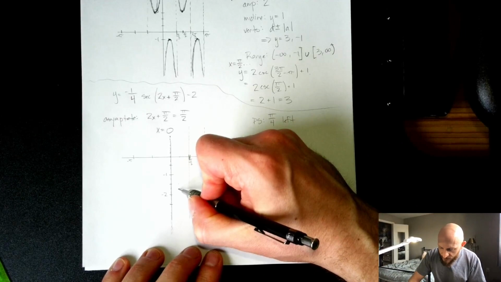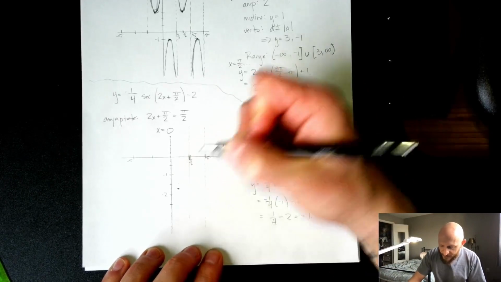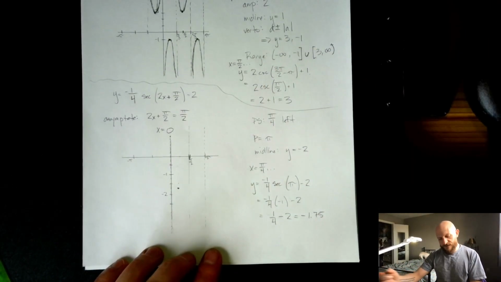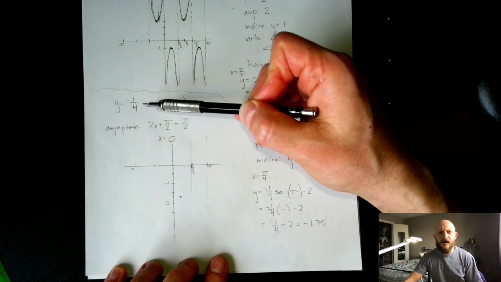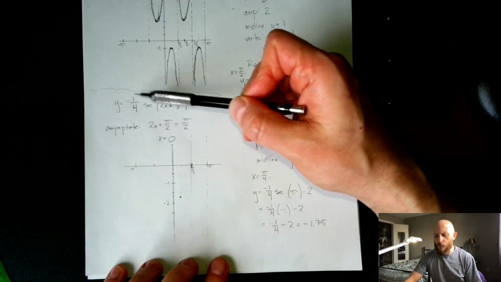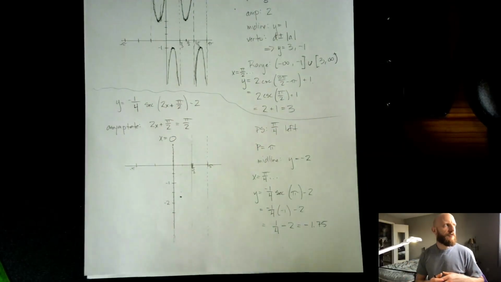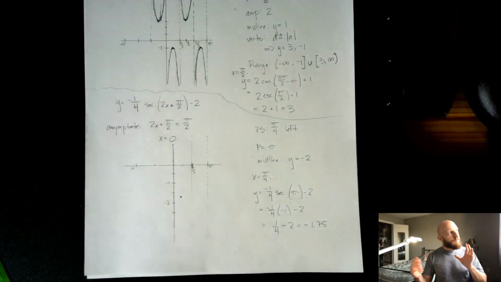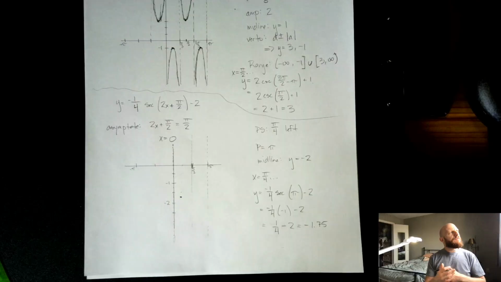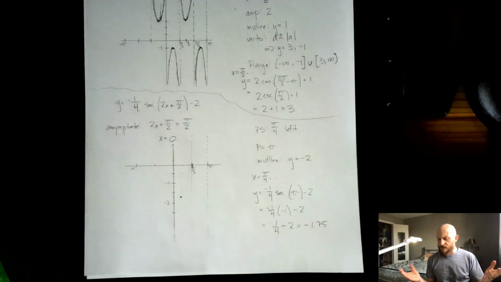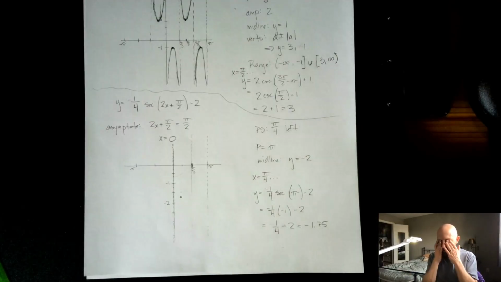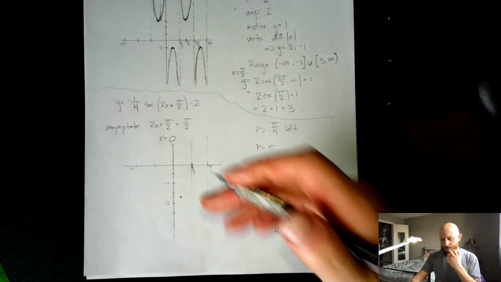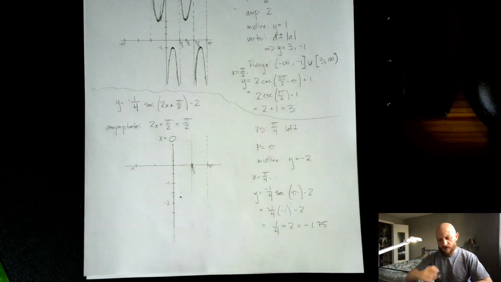So right here. This is above the midline, so it's going to be an upward facing U. The very last thing that I would do is, because a is equal to 1/4, if the absolute value of a is between 0 and 1, it's like a squashing factor.